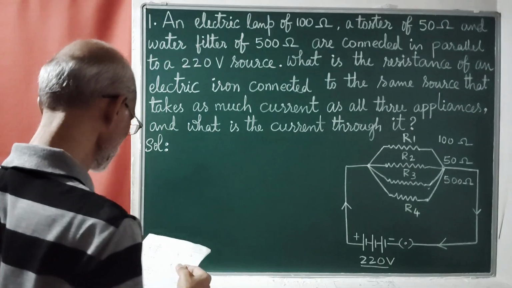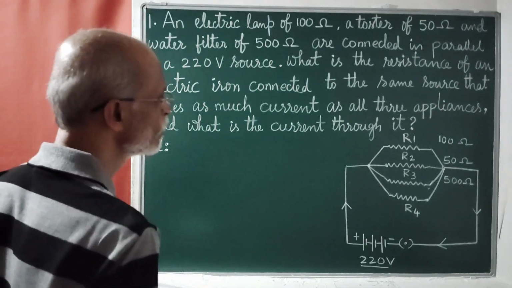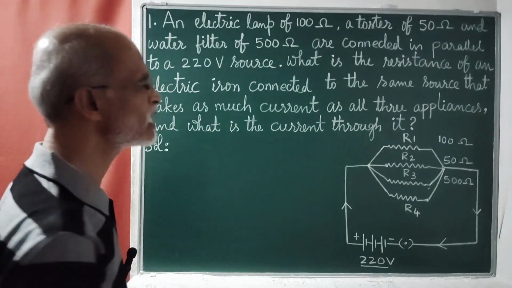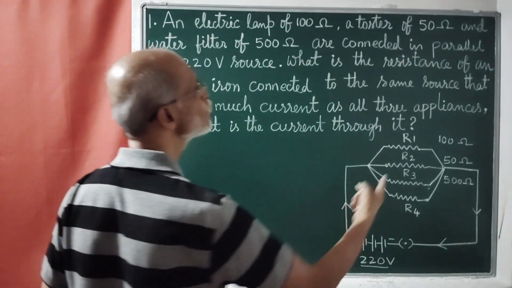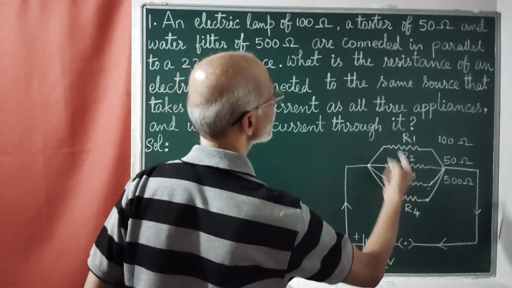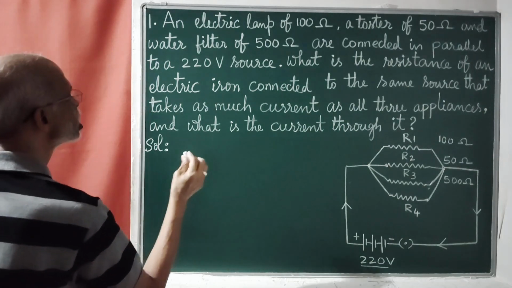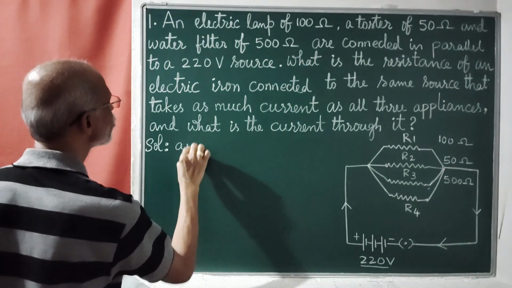So, we will first calculate the current flowing through R1, R2 and R3.